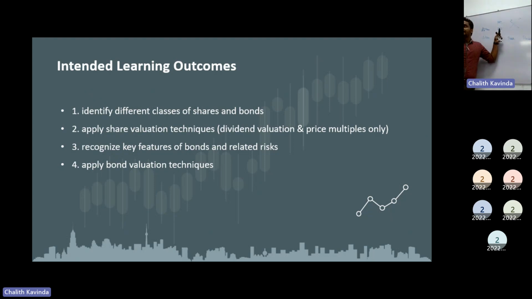Why do we need to do it? Because if you are going to make an investment, you need to check whether that share is actually worth this much. If the price that we have calculated is equal to 300, you can determine whether to purchase or sell the share. That is why we are doing this particular lesson.